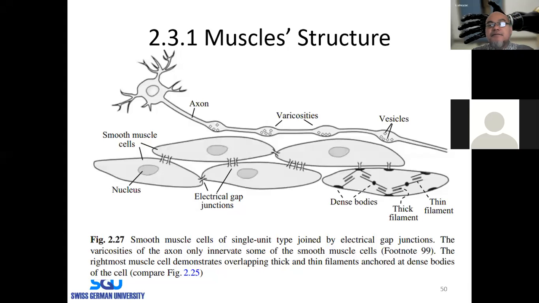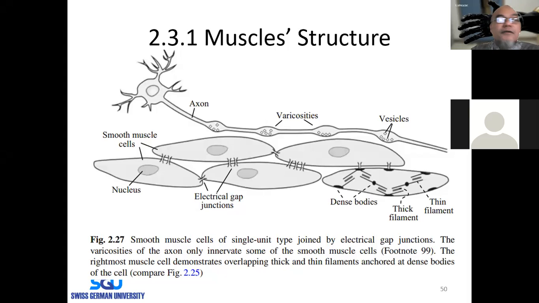Okay, so yesterday we discussed the structure of the muscle, and that it also consists of electrical gap junctions between the muscular cells.